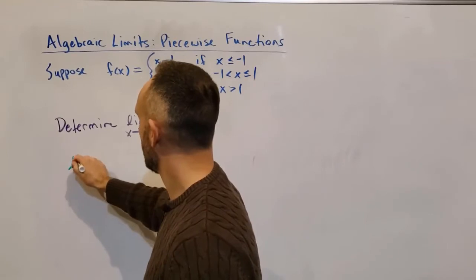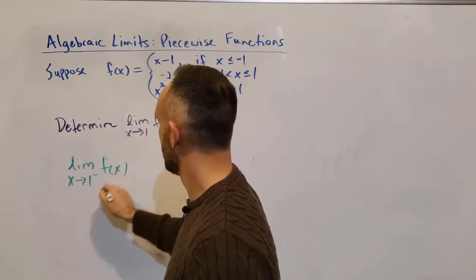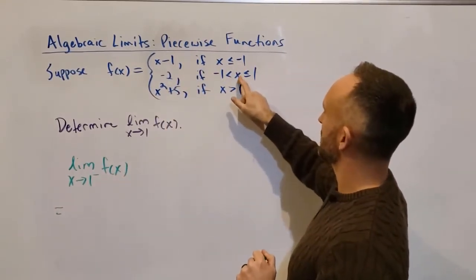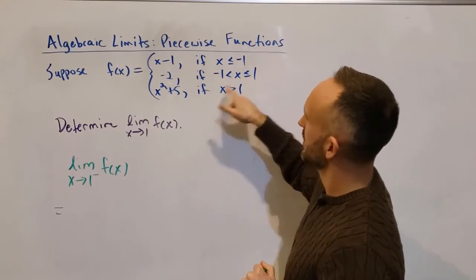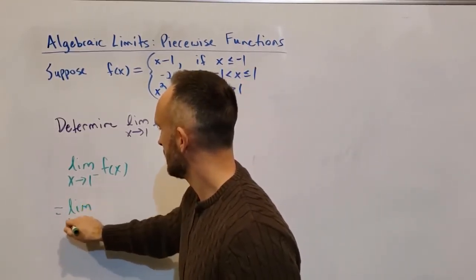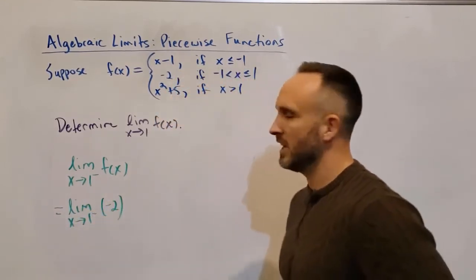So let's look at the limit as x approaches 1 from the left of f of x. As x approaches 1 from the left, we're talking about x values less than or equal to 1, so we use the output formula -2. So this is the same thing as the limit as x approaches 1 from the left of the constant function -2.